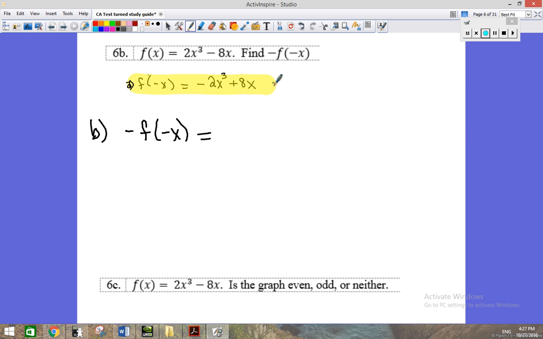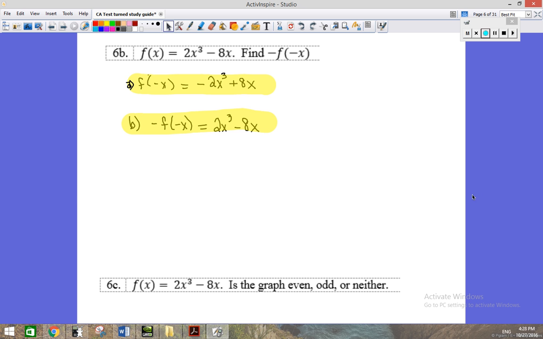And when I have more than one term, that means taking the opposite of every term. The opposite of negative 2x cubed is positive 2x cubed. The opposite of adding 8x, subtract 8x. So I have to make sure I don't make a mistake in A, because I'm using my answer in A to build the rest of my answers. If I get A wrong, I could get everything wrong.